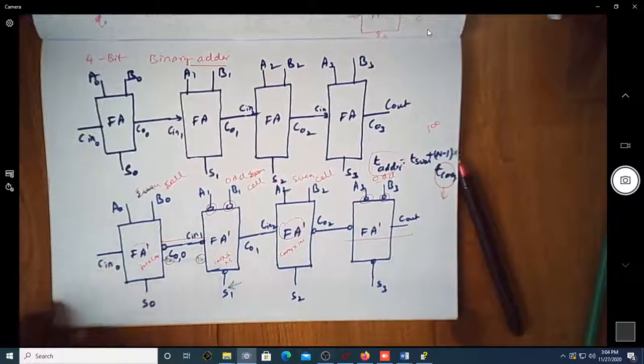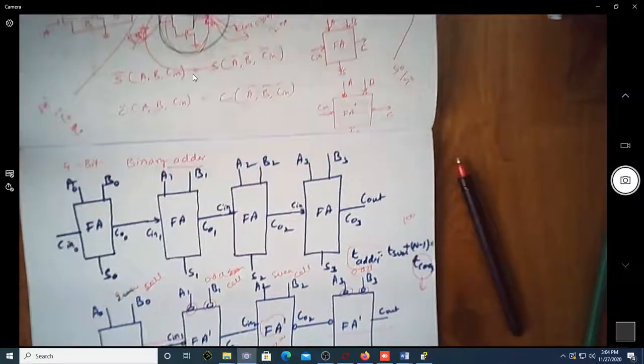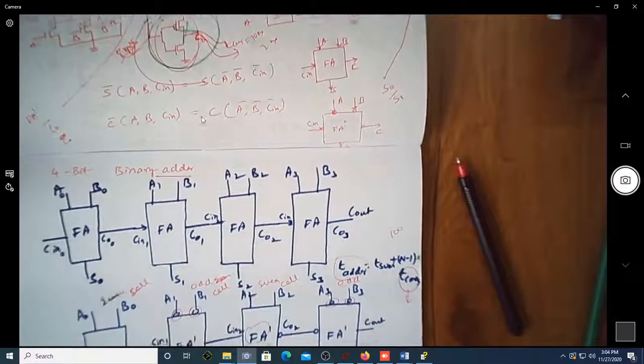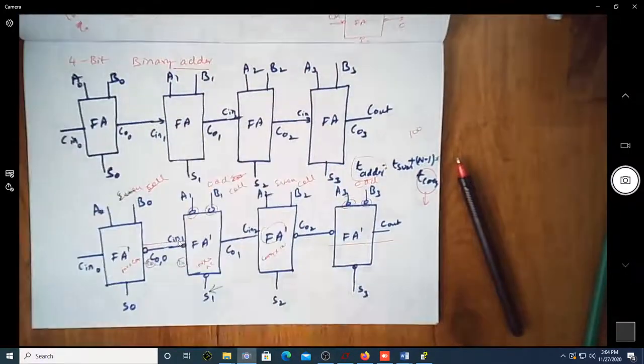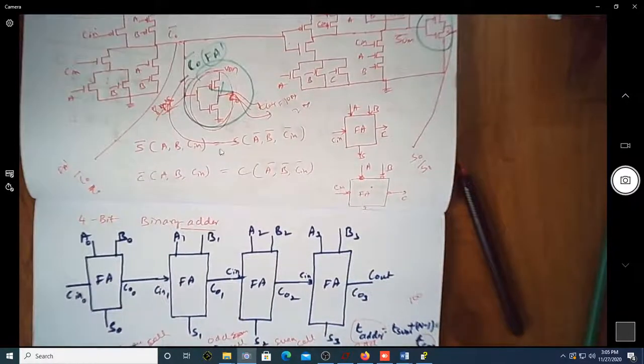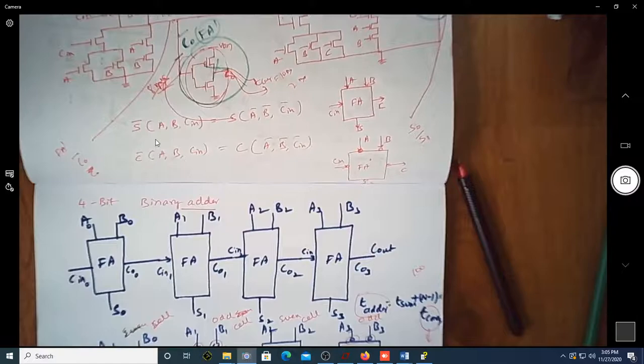Hope you are able to understand this. The difference between FA and FA bar is that in FA bar I don't have any inverter in only the carry path. Of course, you can see for alternate cells, I have a bubbled input, which is derived from this, which is being verified here.